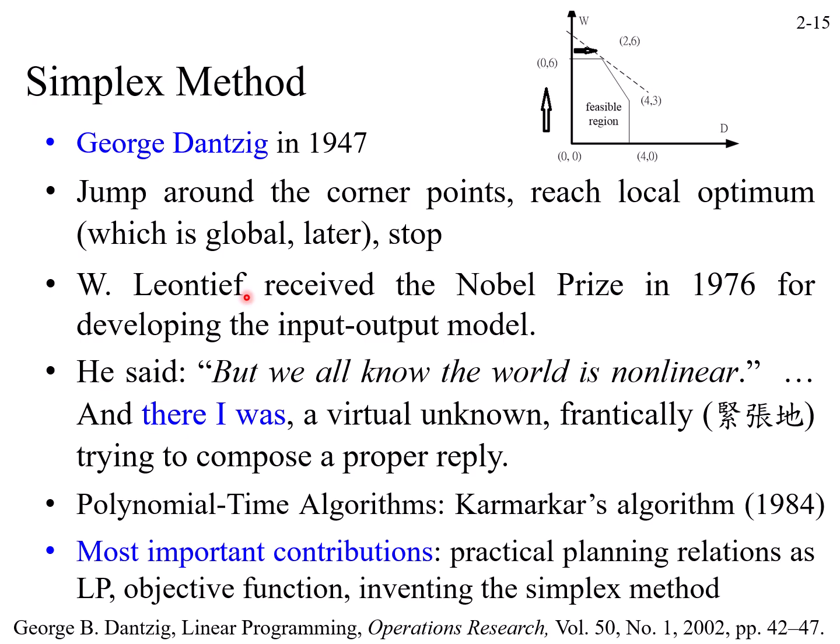And there is some history about this problem. This is an economist who won the Nobel Prize for the input-output model. When Dantzig presented a paper at a conference when he was young, one audience member asked that the world is nonlinear.